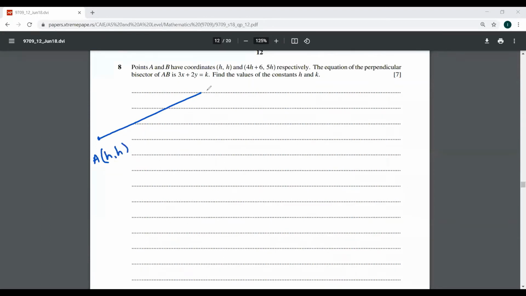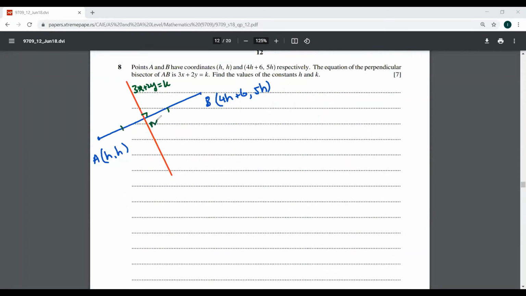And here is a point B, which is 4h plus 6 comma 5h, and this is your perpendicular bisector going like this. You have its equation, which is 3x plus 2y equal to k. There is a right angle, this side is equal to this.